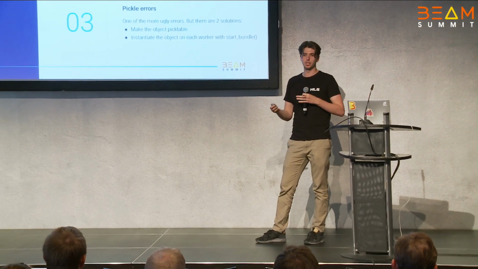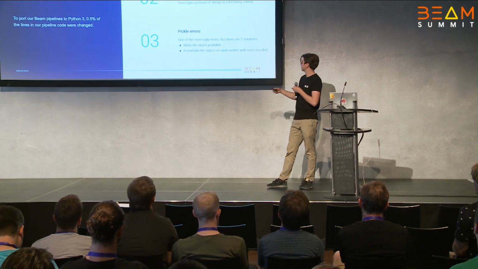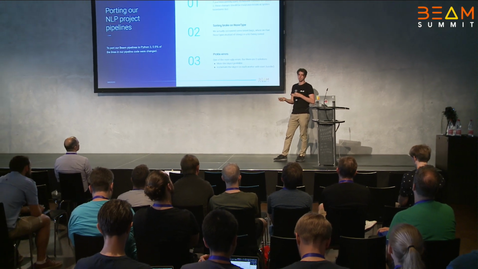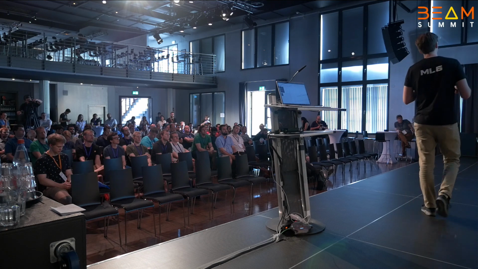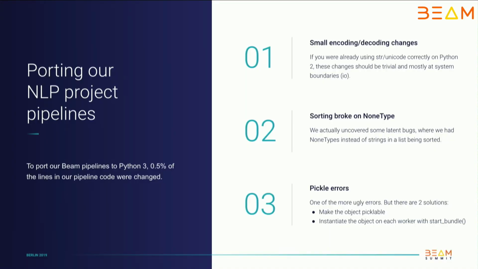The other solution in Beam is to actually instantiate your objects on the worker itself. You can, for instance, use the start bundle functionality, so you don't need to pickle and unpickle your objects. The good news is that to port our Beam pipelines for this project, we only needed to change 0.5% of our Beam pipeline code. So it was actually pretty easy and fast for us, and I hope it will be the same for you. Thank you.